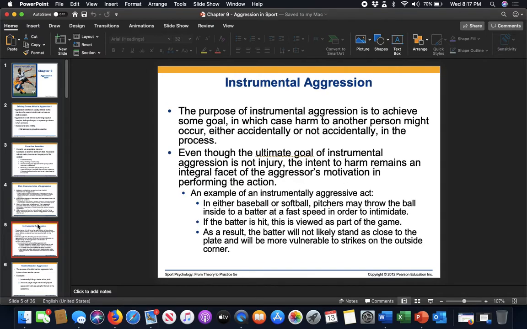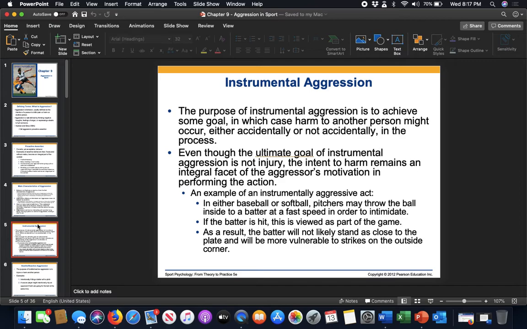So moving down, you go into instrumental aggression. Now, this is where those different levels come into play. With instrumental aggression, you're kind of aiming to harm somebody, whether accidentally or not.